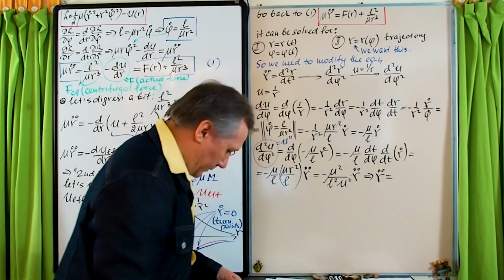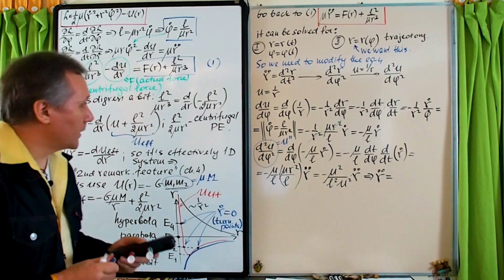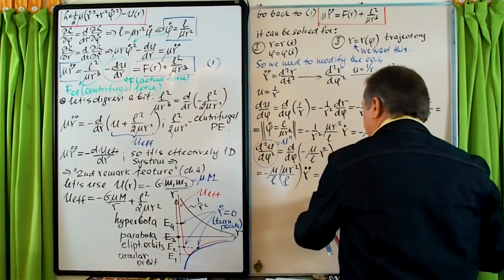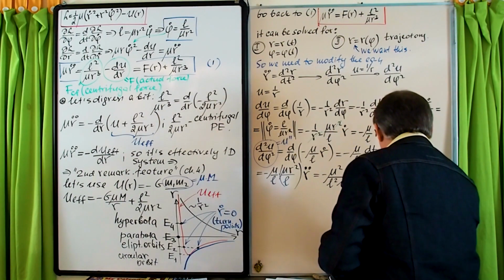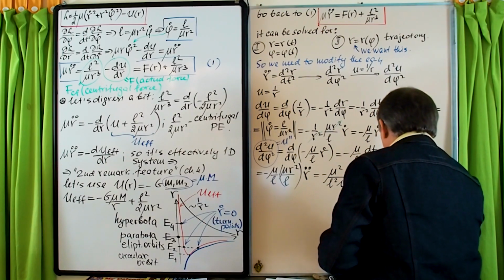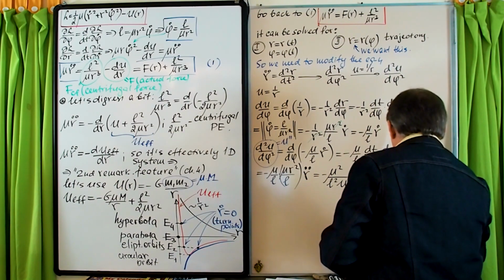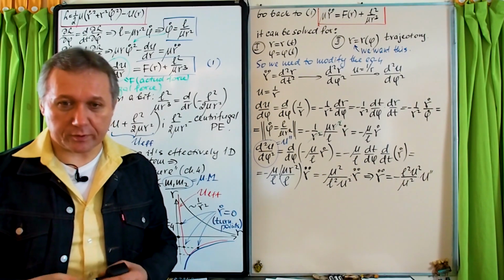So L squared u squared goes up there. So it will be minus L squared u squared over mu squared, u double prime. So that's what we want.